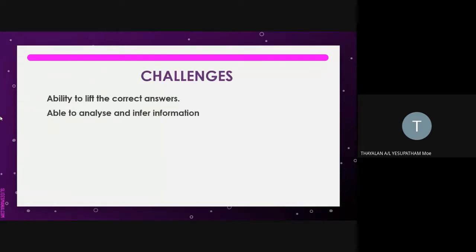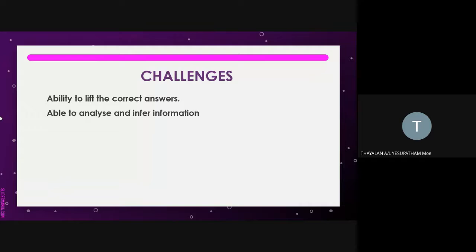Now, the challenge for this particular question is the ability to lift the correct answers, and also the ability to analyze and infer information. These are the two important things. When we talk about lifting the correct answer, the answers would be in the text, isn't it?